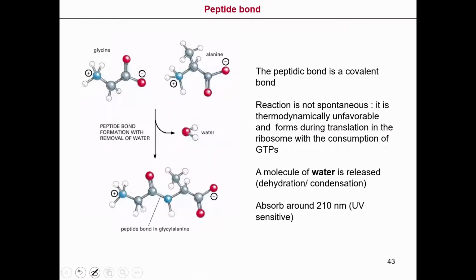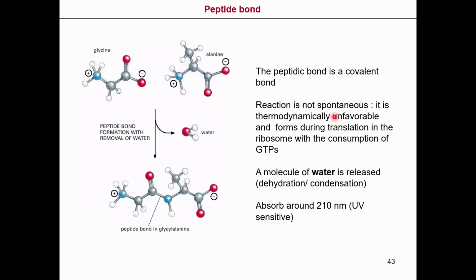Okay, so I told you that peptides and proteins are polymers of amino acids linked by a peptide bond. A peptide bond is a covalent bond between the carboxylate group and the amino group.